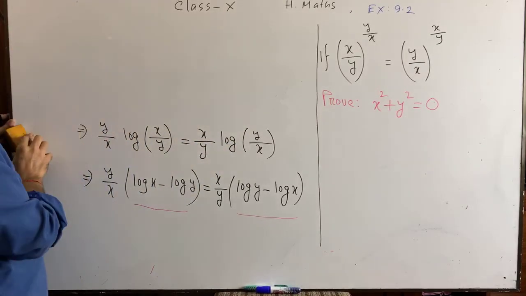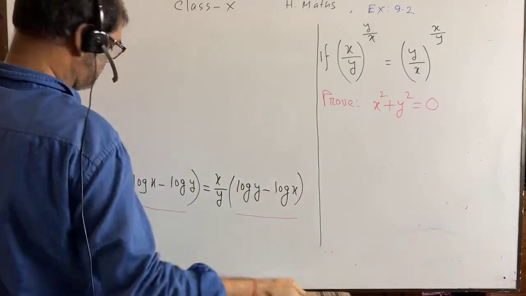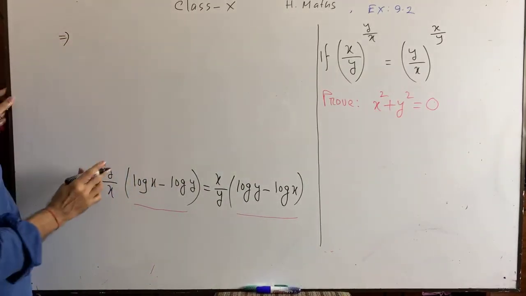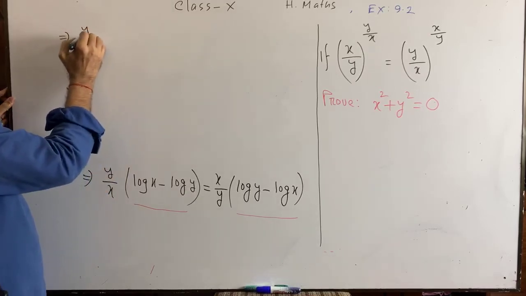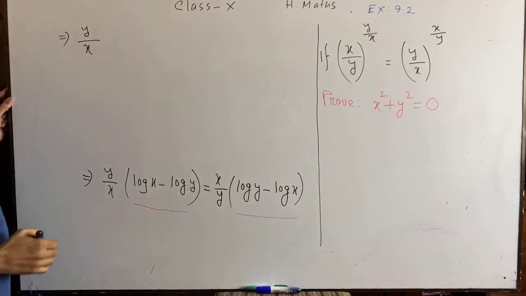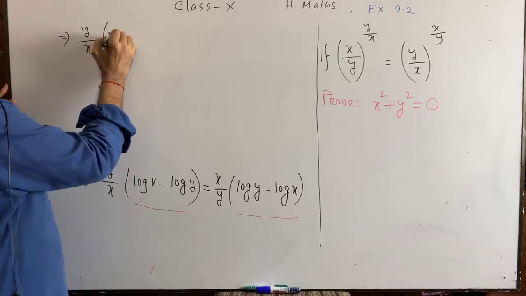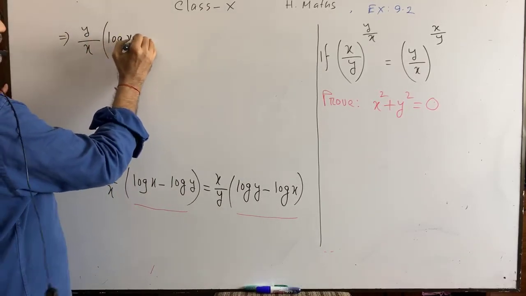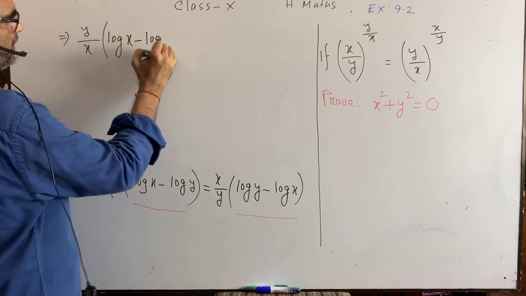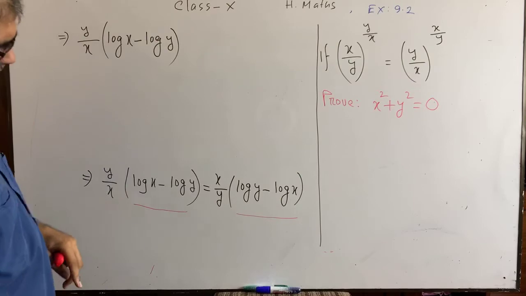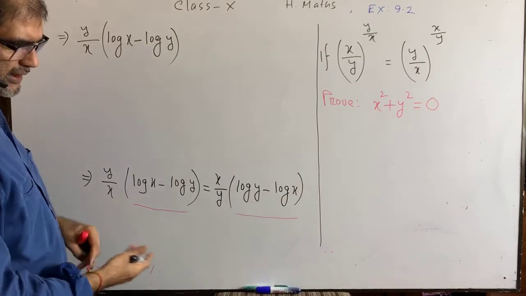I think you have copied this line. Okay, now you see here it is y by x. Very good. We can write here log x minus log y. Then what I told you, they differ by minus 1, right?